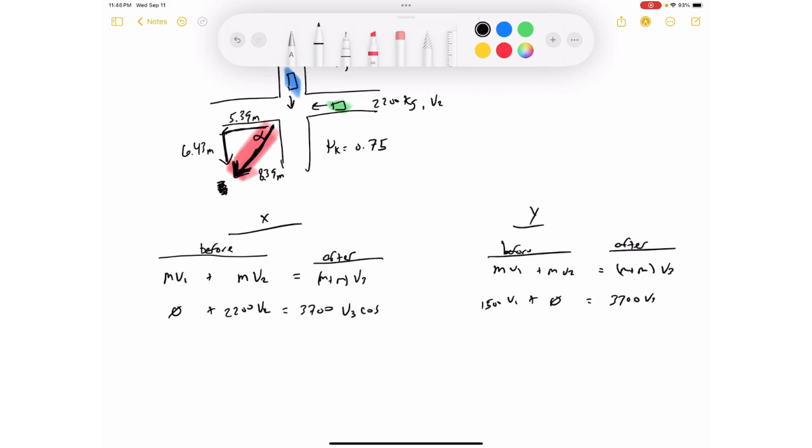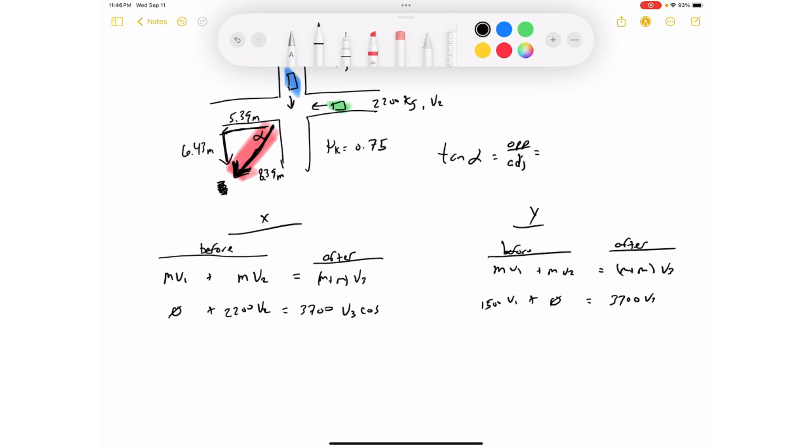Okay, so what I'd like to do is find out alpha, like what is this angle for my V3. Now I don't know the actual length of V3, because I don't know what V3 is. But I do know that it's 5.39 in the X and 6.43 down in the Y. So what I could do is say the tangent of alpha is equal to, of course, opposite over adjacent.